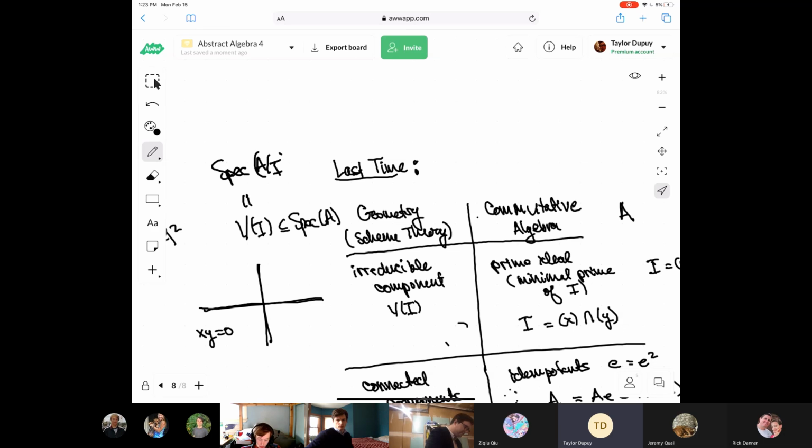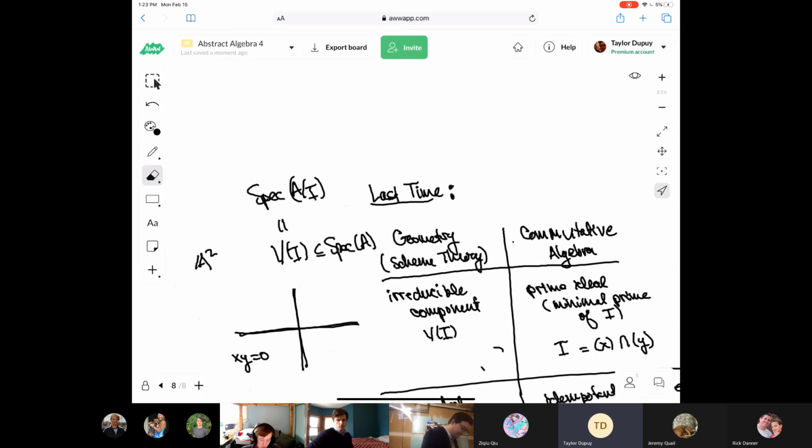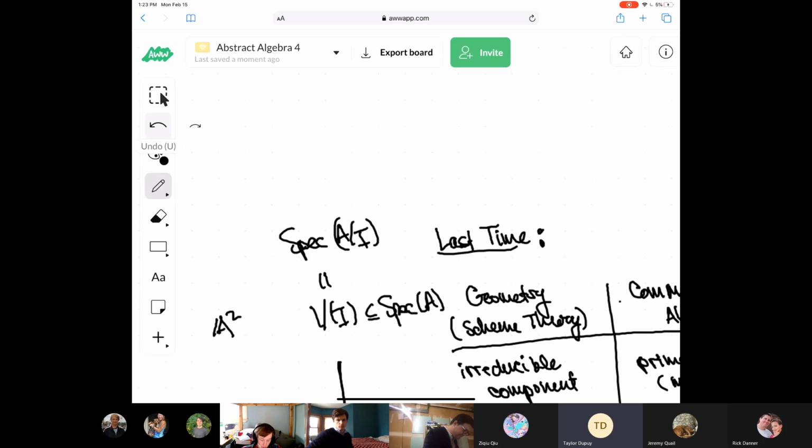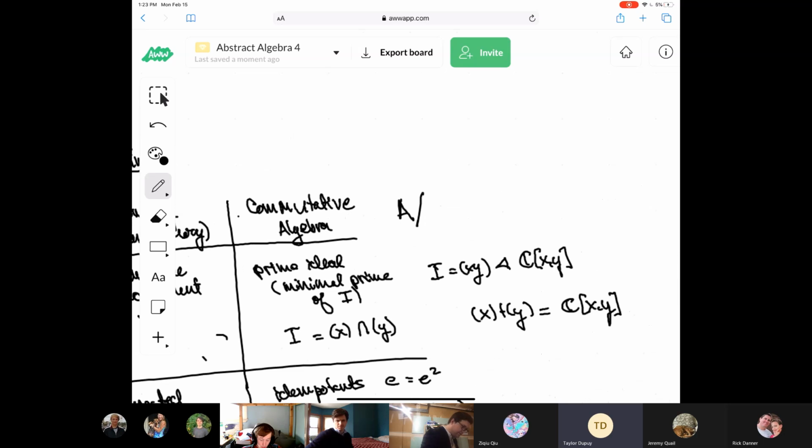Then instead of an inclusion here, this inclusion corresponds to this quotient map here.